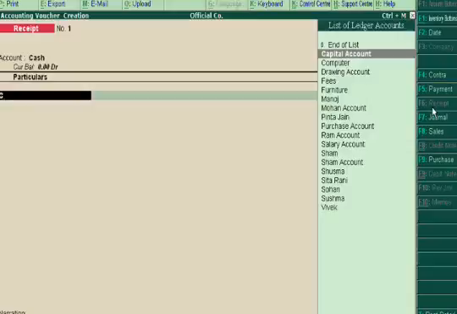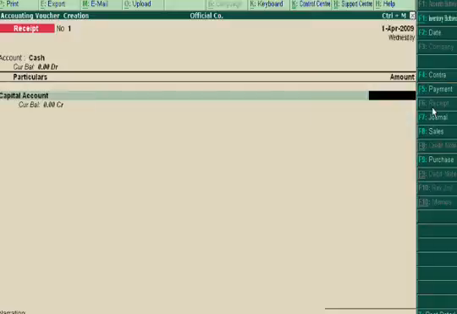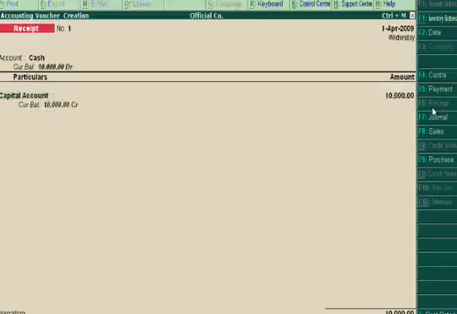We already made a capital account, so there's no need of creating a ledger account of capital. Here 10,000 we received in the form of capital. Narrate it, meaning to explain some detail of it.